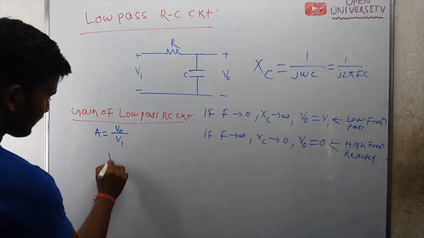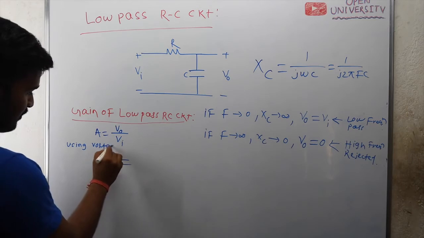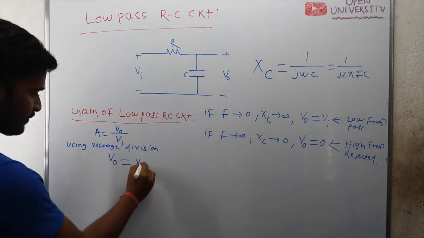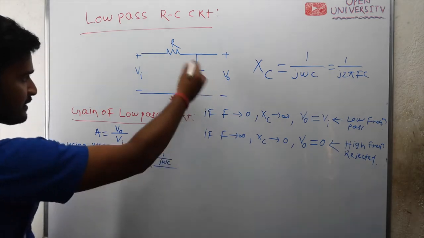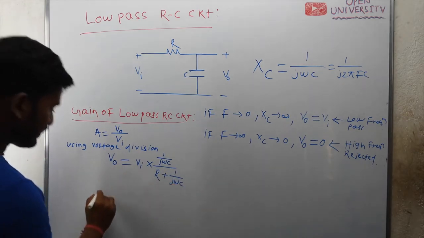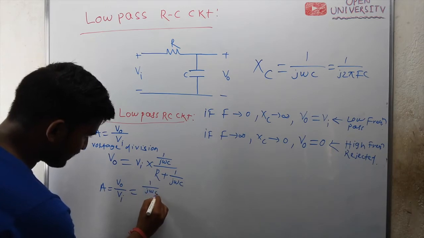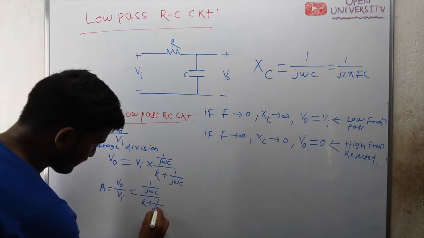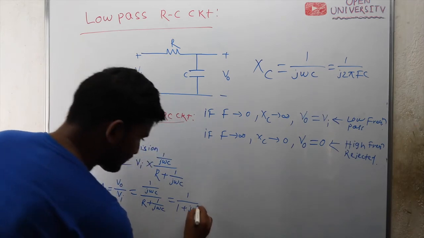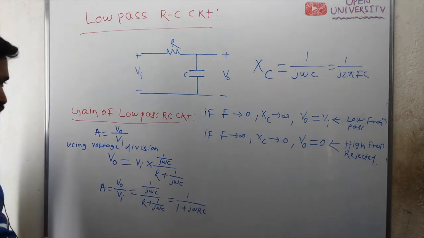If you calculate the gain using voltage division, V naught will be Vi into 1 by j omega C, its impedance, by R plus 1 by j omega C. Then gain will be V naught by Vi, equal to 1 by j omega C divided by R plus 1 by j omega C. J omega C cancel, it will be 1 by 1 plus j omega RC.